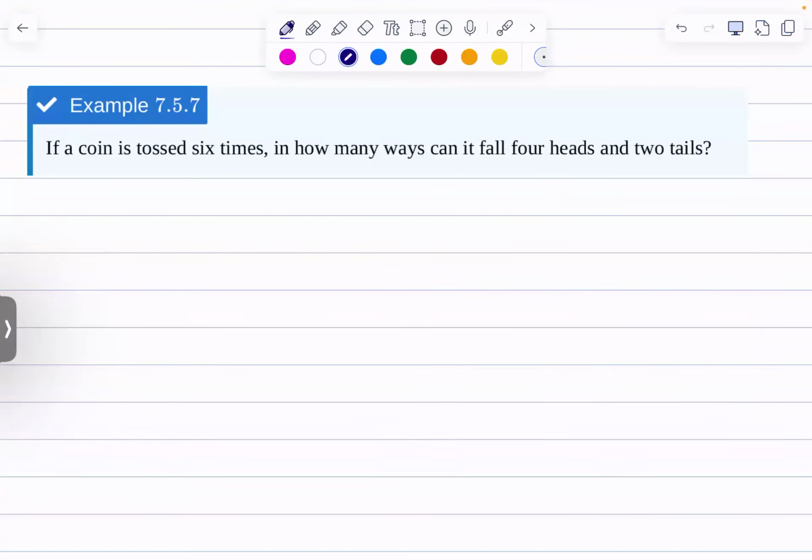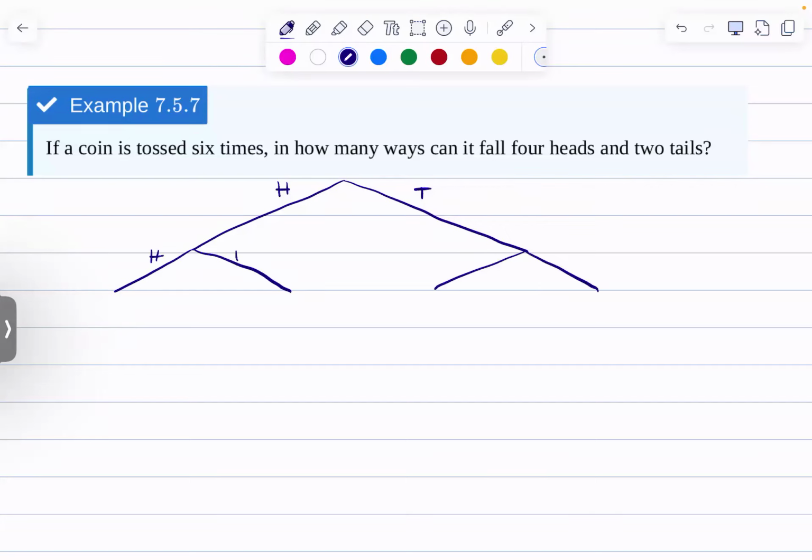Because what's this look like? First, I make this thing nice and wide. Because if I toss a coin, I get either heads or tails. That's my first coin toss. My second coin toss, I have the same number of options, but it doesn't matter what happened before.